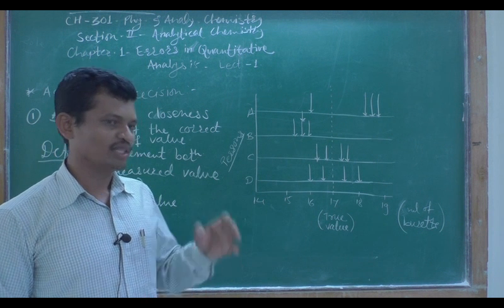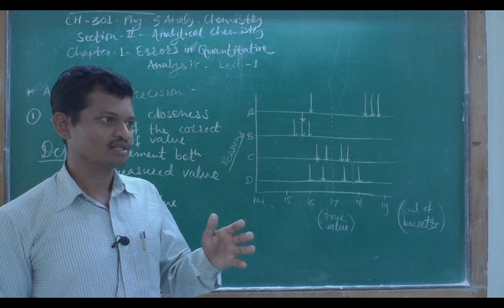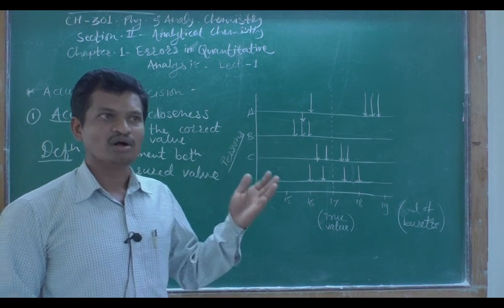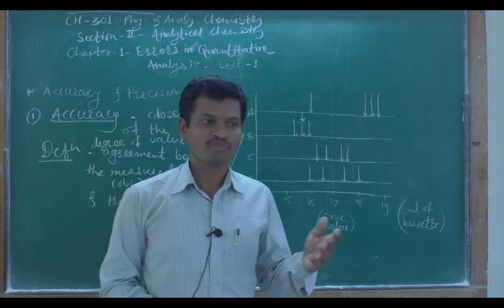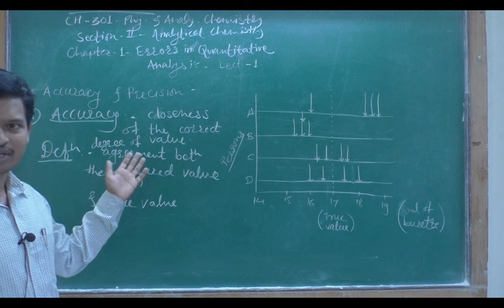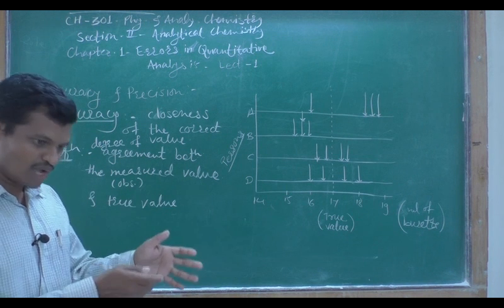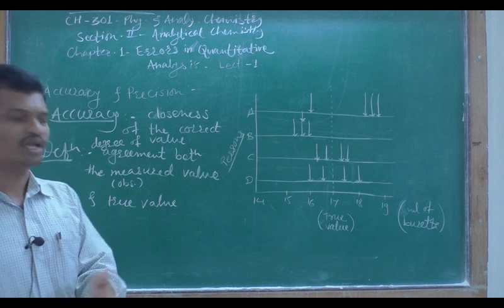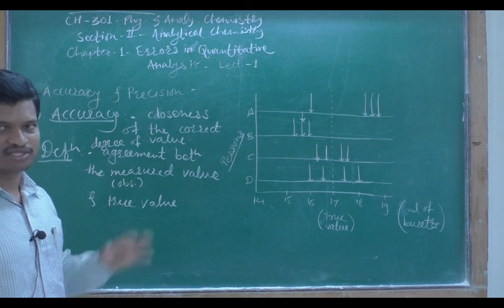That data can be compared with the observed or measured value. So this is the degree of agreement between the observed value and the true value. This is nothing but the accuracy.